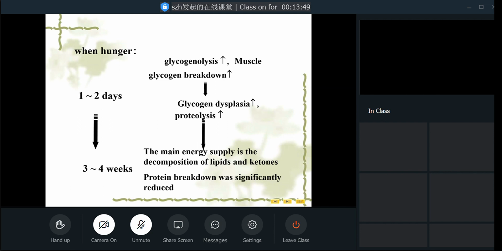The protein breakdown is significantly reduced. In 1 to 2 days, proteolysis increases and glycogen breakdown increases.